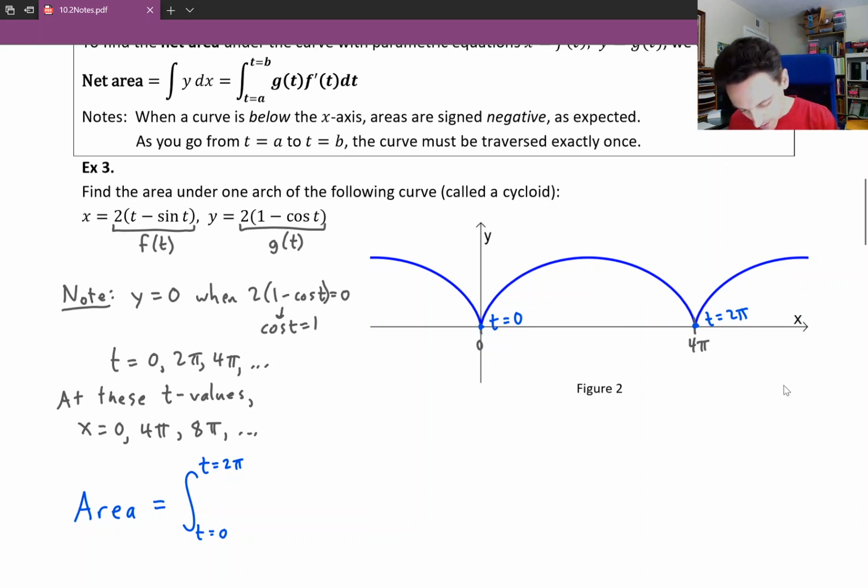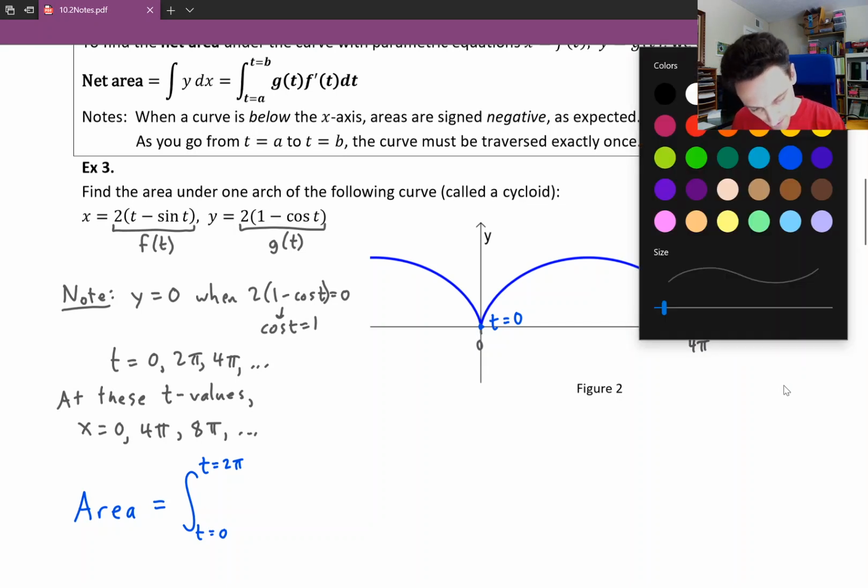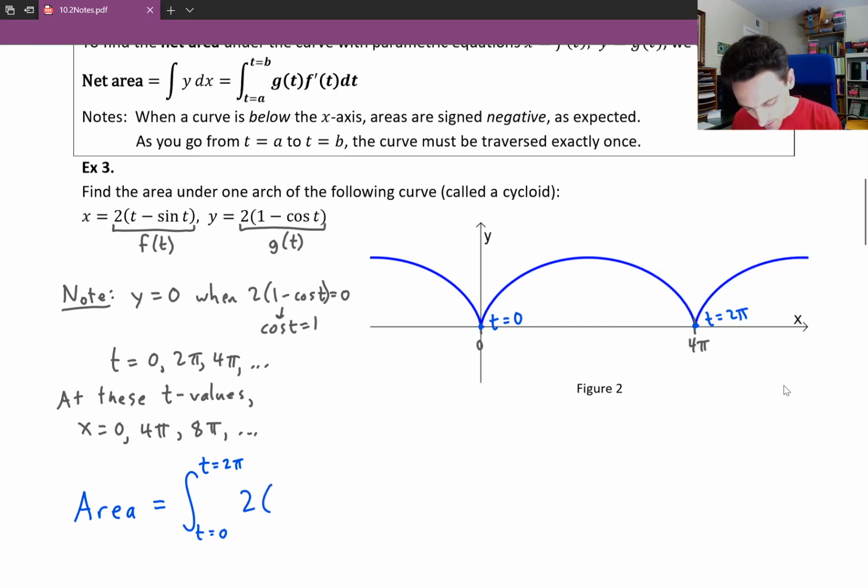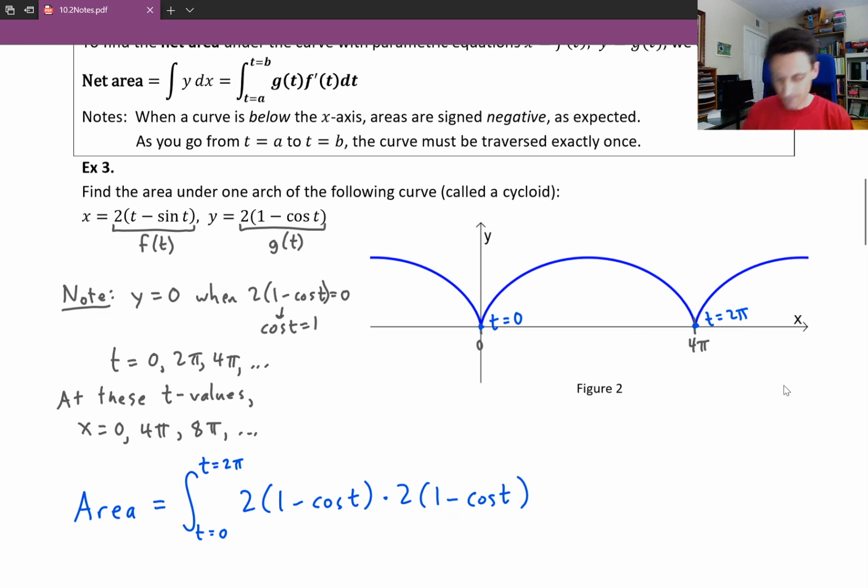So that'll be 2 times 1 minus cosine t, and then times the derivative of f with respect to t. So that'll be 2 times 1 minus cosine t dt.